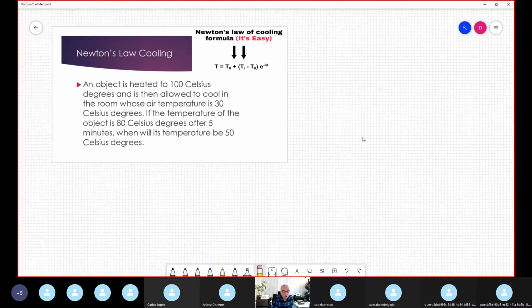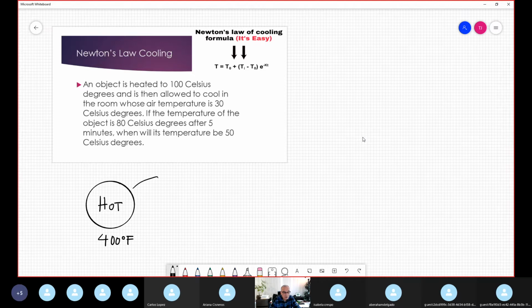What is the idea for Newton? Suppose you have one object here, very, very hot. Suppose, I don't know, 400 degrees Fahrenheit.